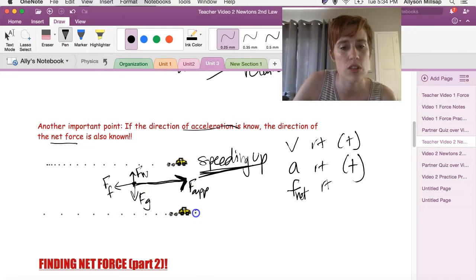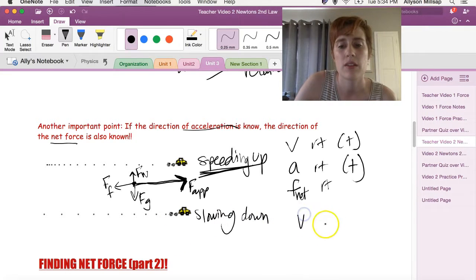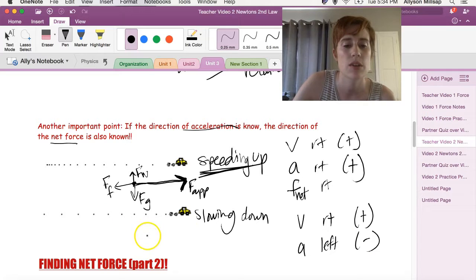In this picture, the car is slowing down. Okay, what direction is the car moving? Well, the velocity is moving to the right direction, so it's still positive. But if it's slowing down, my acceleration has to be going the opposite direction. It's going negative. My acceleration is going negative. That means my force is also going to go the same direction, which is to the left. My net force. So here's your car.